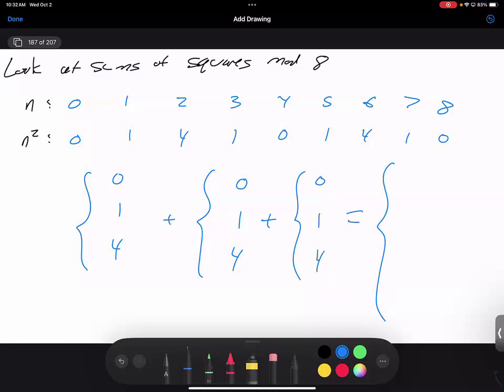You have the 6 ways of permuting things that are distinct. So what's the smallest I could get? 0. I could get 1. I can get 2. Can I get 3? Yes. Can I get 4? Yes. Can I get 5? Can I get 6? Can I get 7? No.